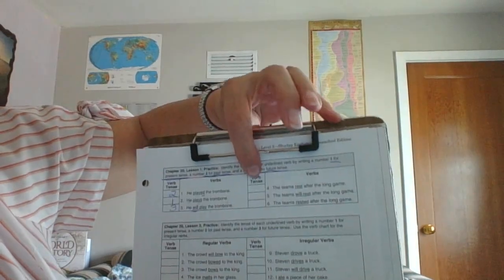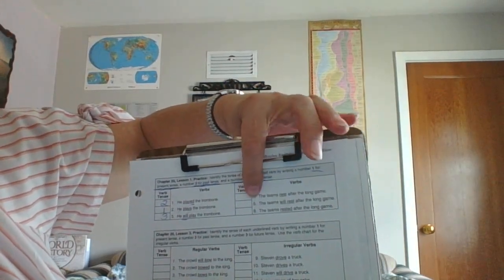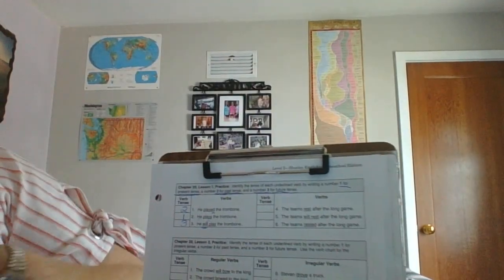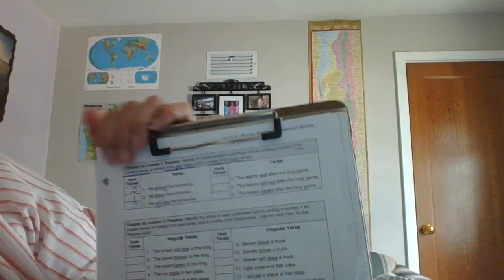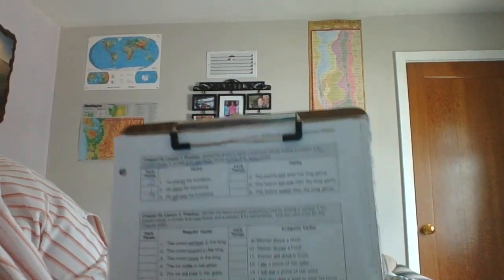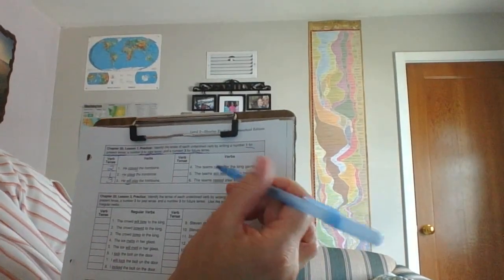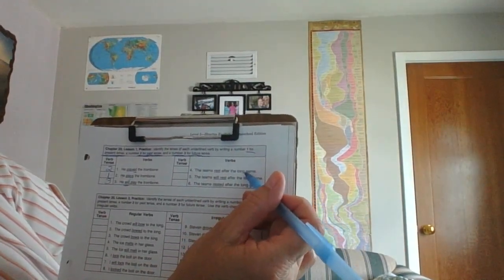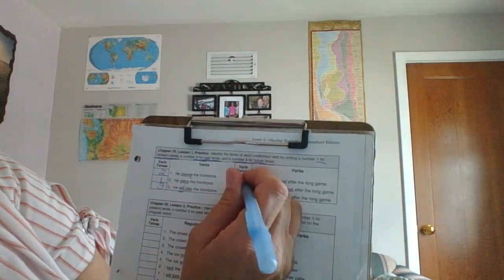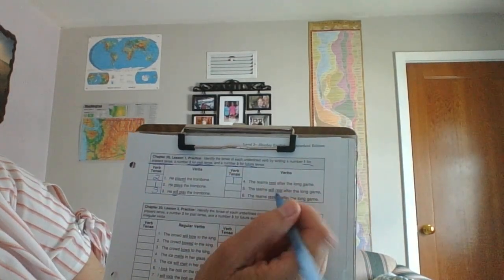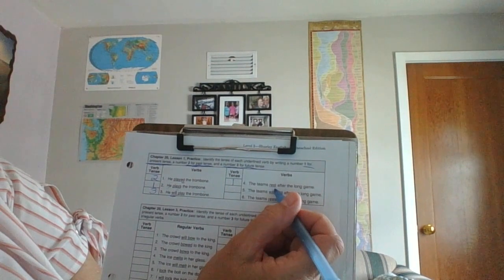I think on some of your papers, I already did fill this in. For some of you who don't get to see the video, I thought it might help if you saw the answers. The teams rest after the long game. That's clearly a present tense verb. The word rest is our verb.